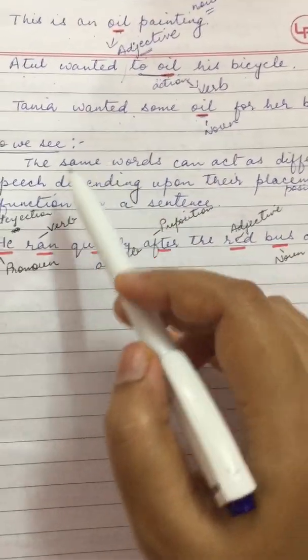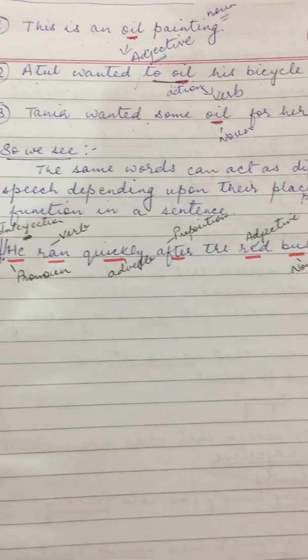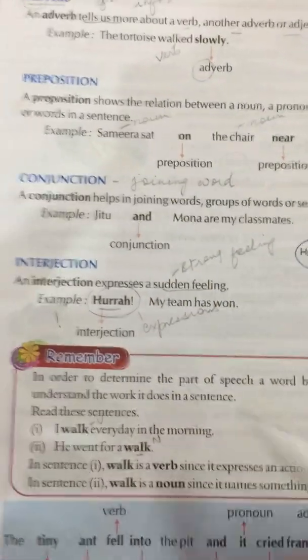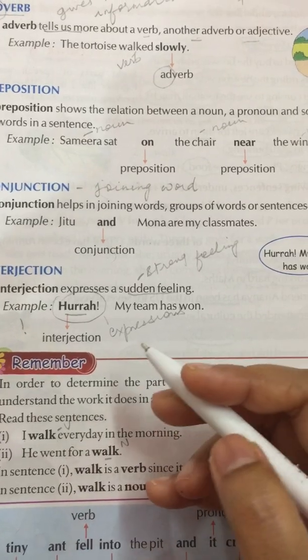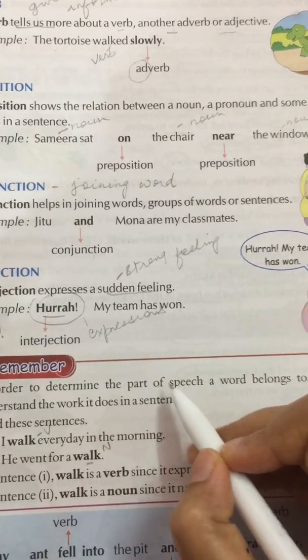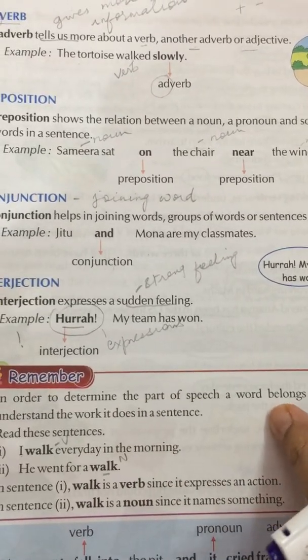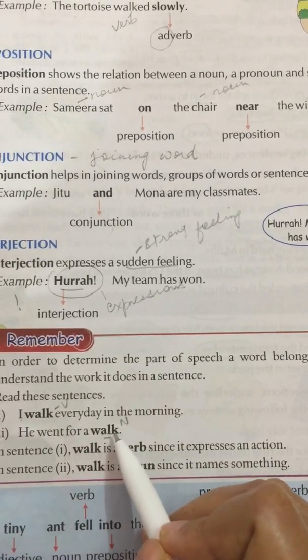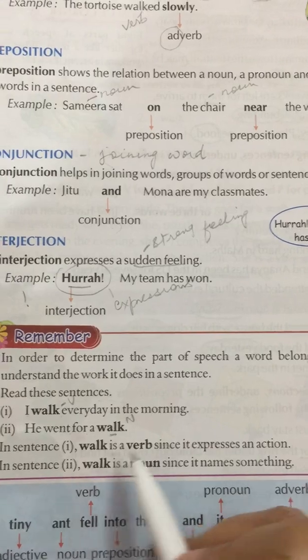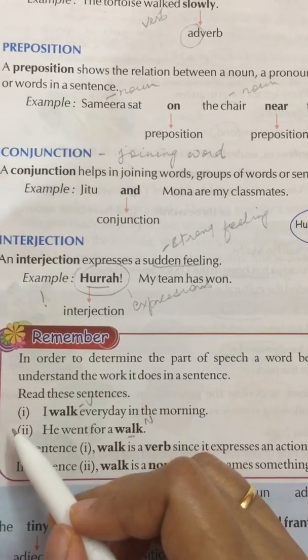So, this we have to remember. This is what is given in this box. That a word can function as different parts of speech. In one sentence it can act as a verb, and in the other sentence it can act as a noun. Here this example was given.